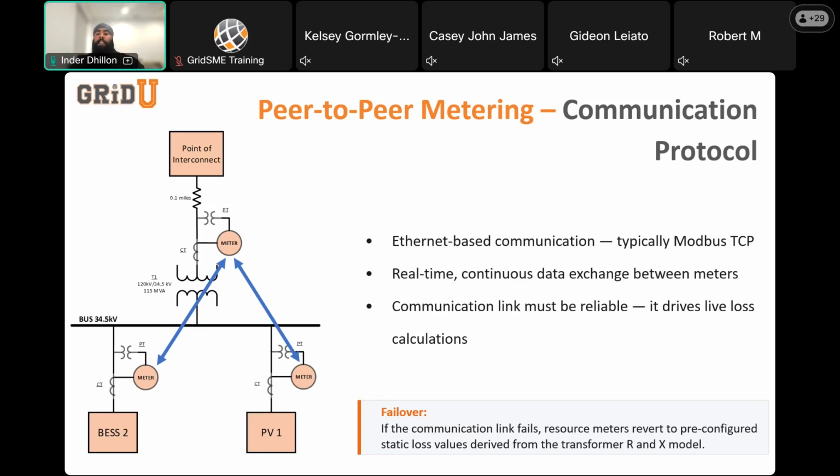And like I was saying, that is the same kind of transformer-based loss method we discussed for standalone metering. Those static values are still valid, they're just not real-time values. The reading remains compliant and usable for settlement. They just won't reflect dynamic changes in load distribution until the link is restored.